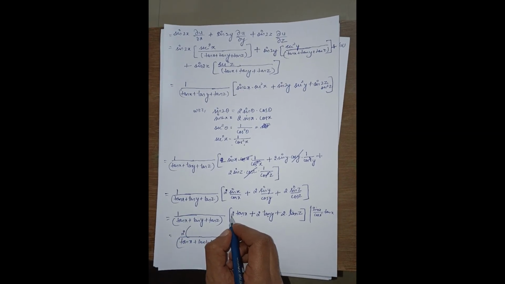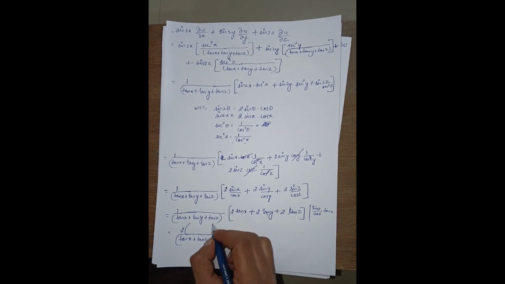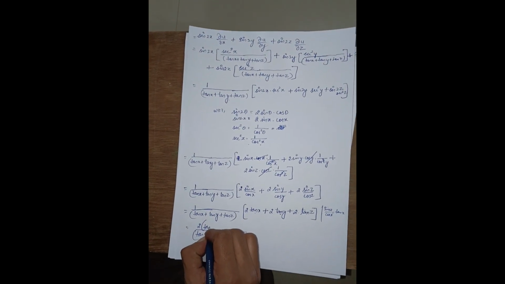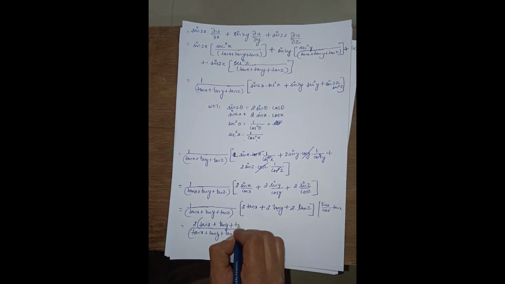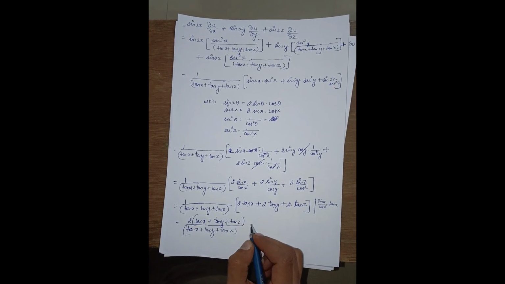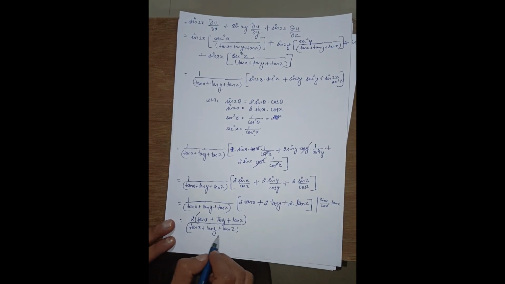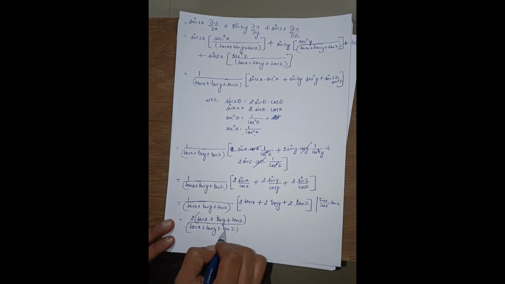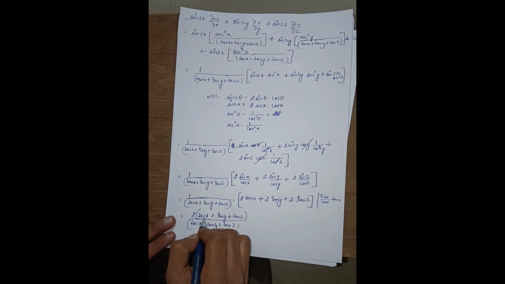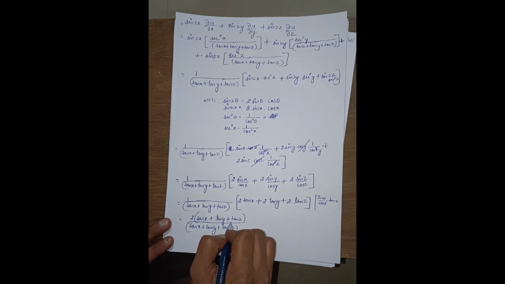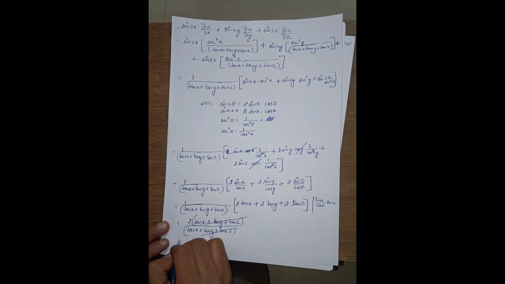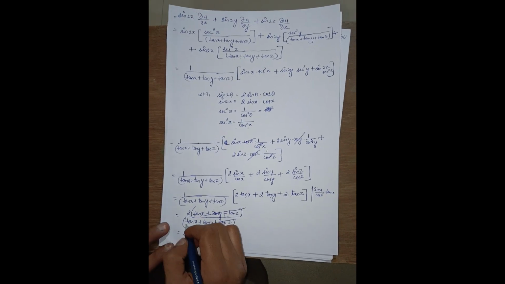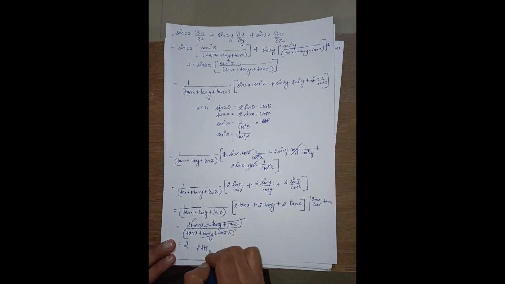If I take 2 common, then the remaining terms will be tan x plus tan y plus tan z. Here in the denominator we have tan x plus tan y plus tan z, and in the numerator also tan x plus tan y plus tan z. So both terms cancel. The remaining will be 2. This is what we had to prove, that is the RHS.